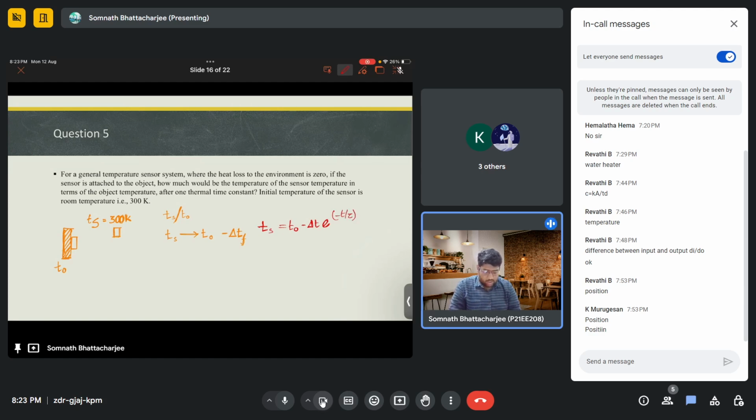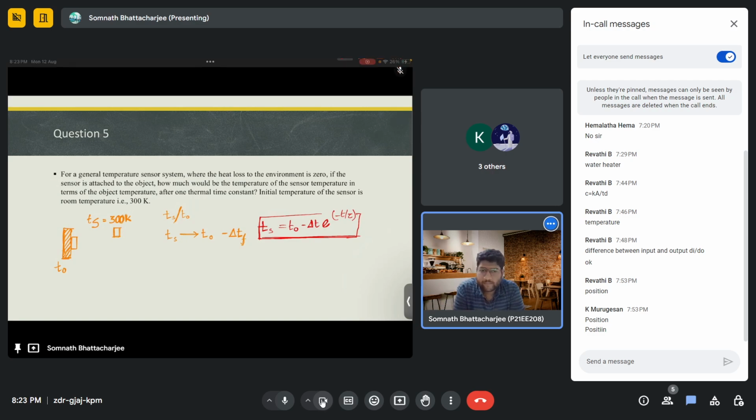This will be the equation. So now use it to find the value of this. How to use this to calculate this?